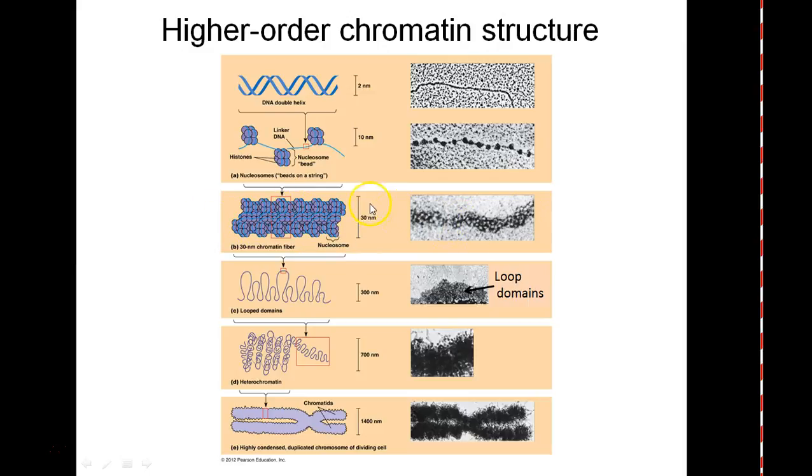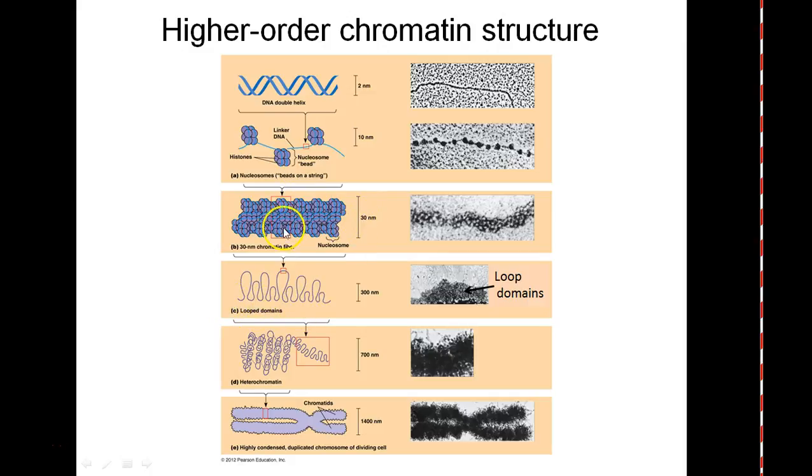And it looks under the microscope like a solid fiber. So the resolution at this point is kind of lower. We don't see those really nice distinct nucleosomes because the structure is much more folded and it has a higher electron density. So the next level of organization is the loop.